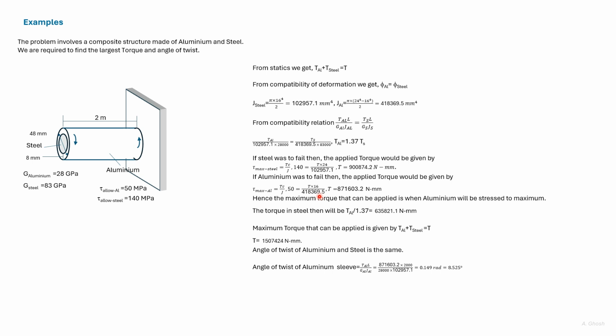On the other hand, if we take this torque, the maximum torque in the aluminum sleeve, and divide it by 1.37, then we'll get a value quite less than this value, which is the maximum torque that can be applied in steel. Hence the component then would be safe.